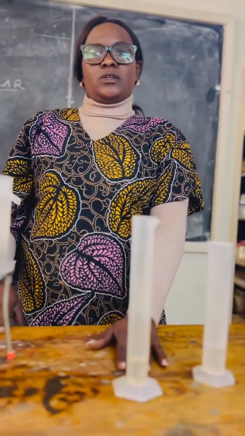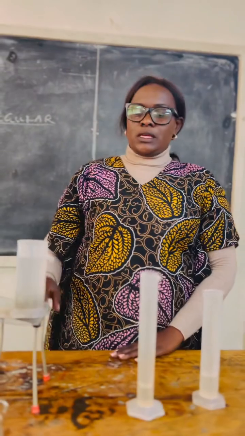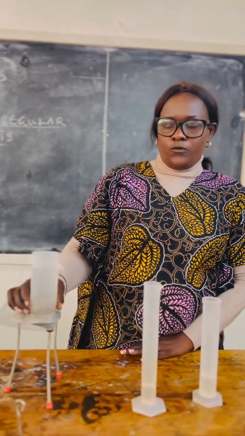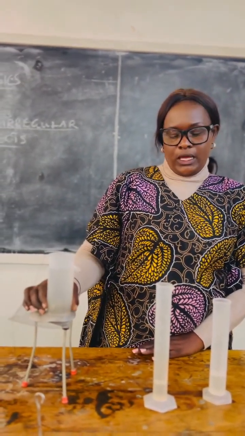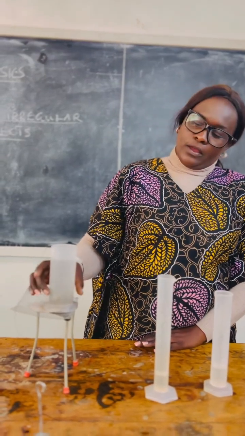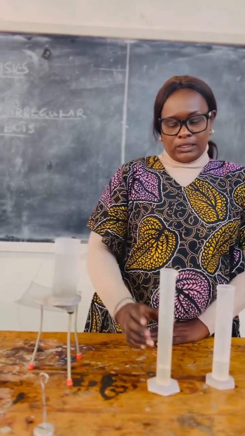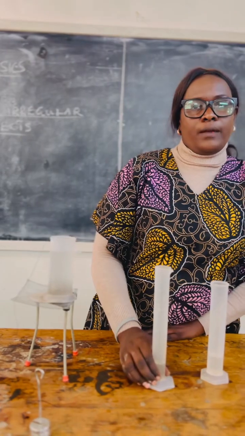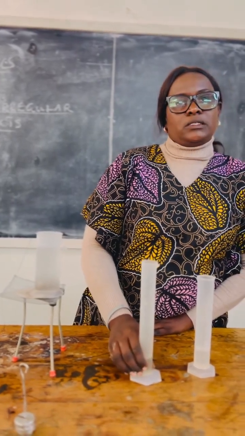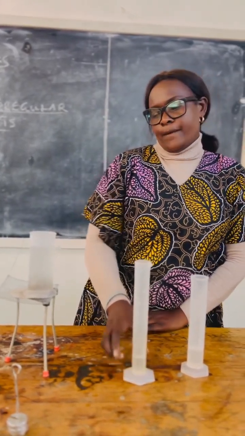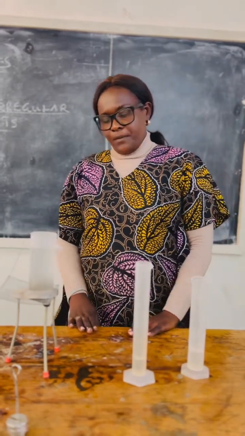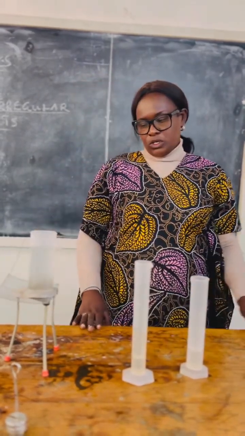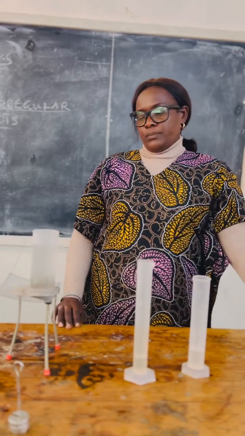That entails that you have found the volume of the stone, which is irregular. So we are saying the volume of the stone is equal to the volume of water which has been collected in the measuring cylinder.